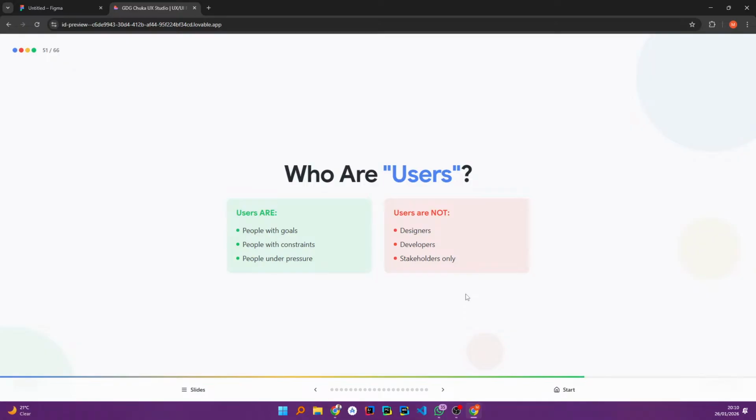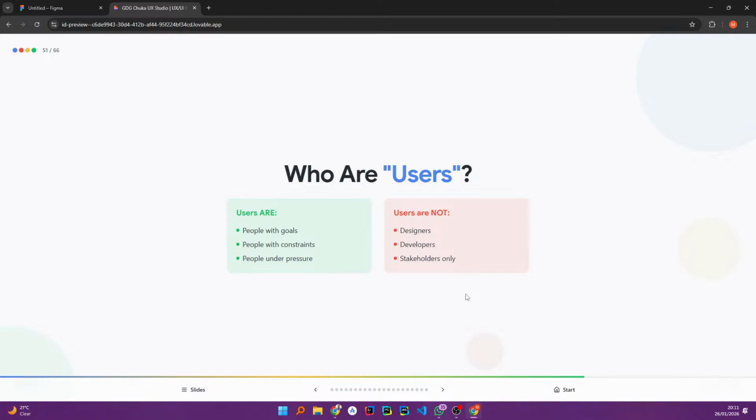Then users also have these constraints, and sometimes users are these people who are under pressure to do something. Maybe you're visiting a tool online to be able to draft an email quickly and then send to someone. Say you need to send an email in 5 minutes and you haven't even composed it yet, and you visit that site that creates emails.